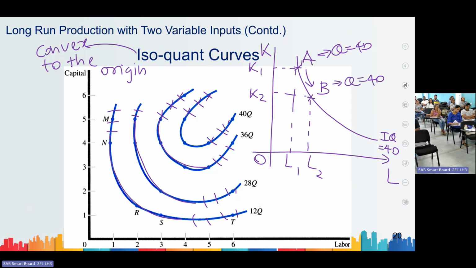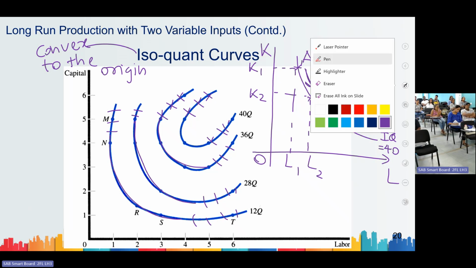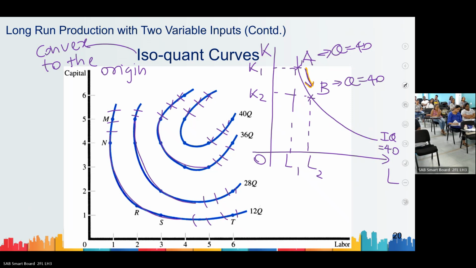between point A and B, the firm moves its production from point A to point B. As a result, the firm has to cut down its capital input. At the same time, the firm has to increase its labor input. So capital input is decreased, which is negative.